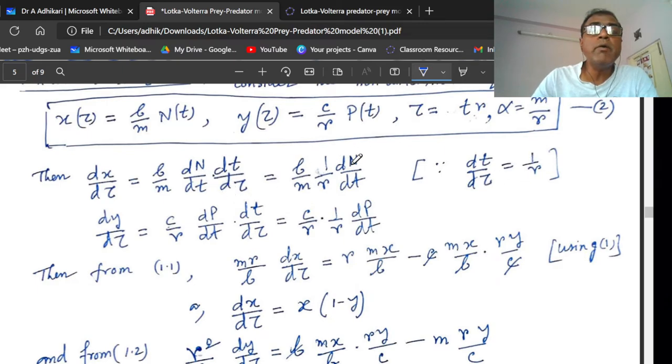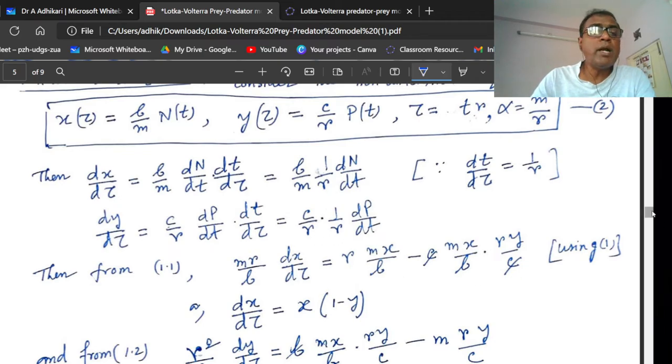So dx/d tau equals b by mr into dn/dt. Similarly, dy/d tau equals c by r dp/dt into dt/d tau. Now dt/d tau equals 1 by r, so it is c by r squared into dp/dt.